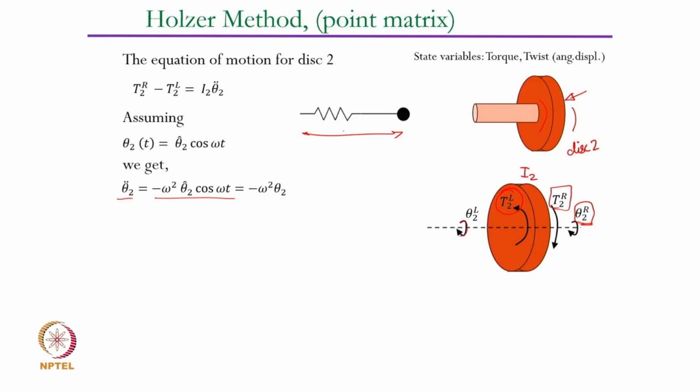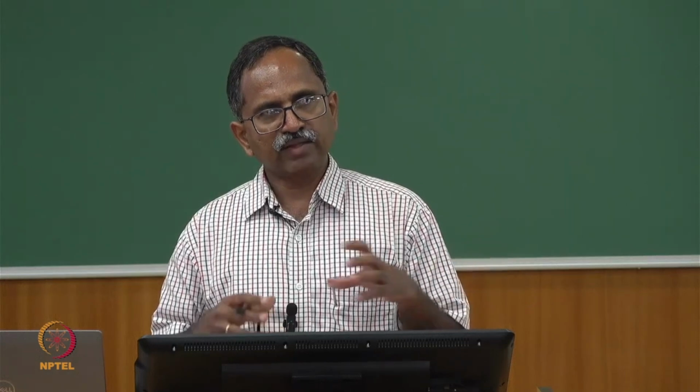Theta 2 is basically the time dependent twist. If this is true, then we can substitute it back into our governing equation, and then assume that the disk is rigid. That means there is no relative twist between the two faces of the disk. The disk is rigid enough that all the strain energy is stored in the spring, which is the shaft. The disk does not store any strain energy, it only contributes to the kinetic energy.